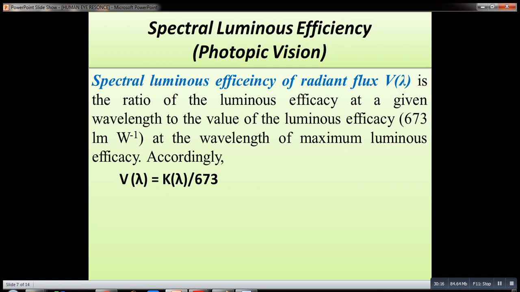The spectral luminous efficiency of the human eye as a function of wavelength equals the spectral luminous efficacy for a specific wavelength to the maximum spectral luminous efficacy.